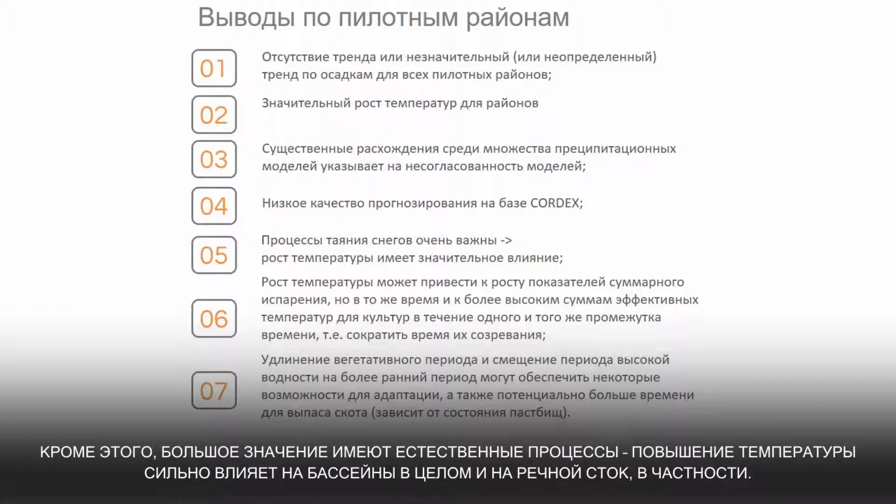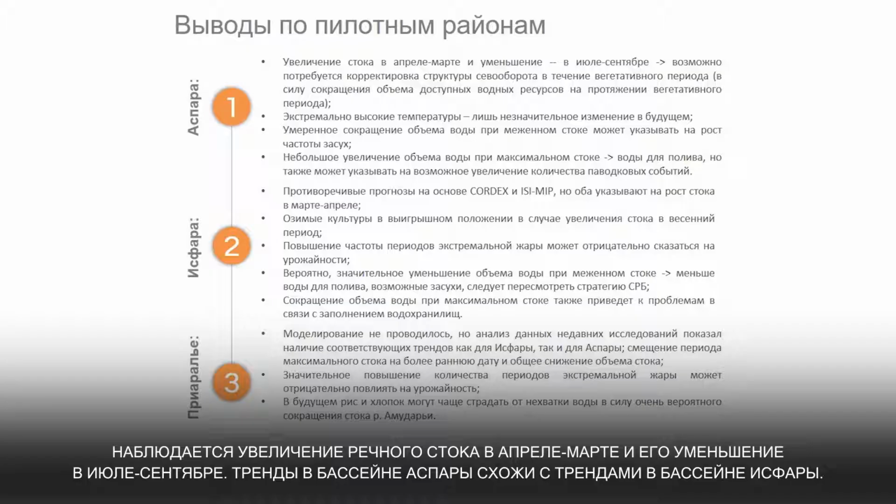Also, hydrological processes are very important, and temperature increase has a big influence on the catchment and river discharge. Some conclusions for specific areas are quite similar to the previous ones: we have an increase in flow in March and April, and a decrease in July and September.